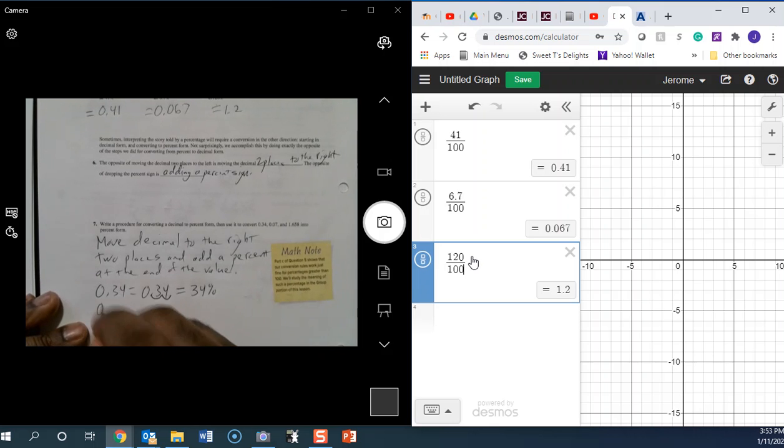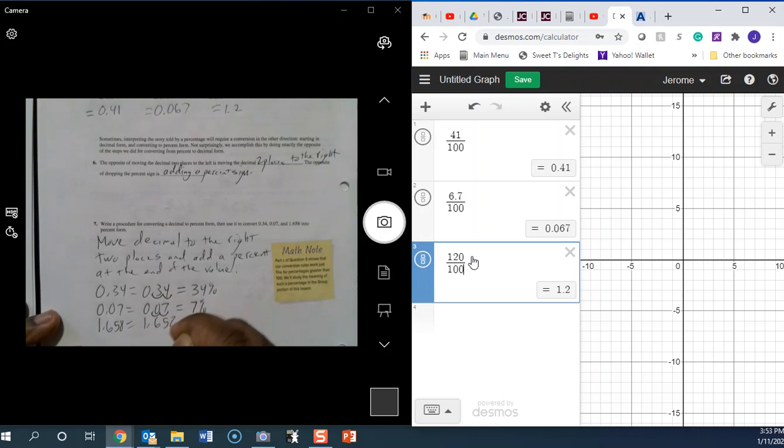Then we would take the 0.07, move the decimal 2 places to the right. That'll leave us 7 and percent at the end. Last but not least, 1.658. Move the decimal 2 places to the right. It'll be 165.8%. And we are done with this page.